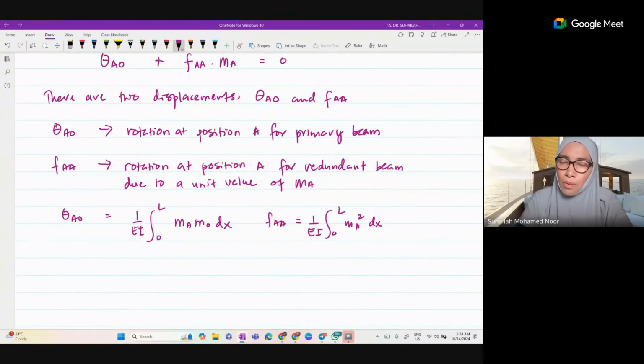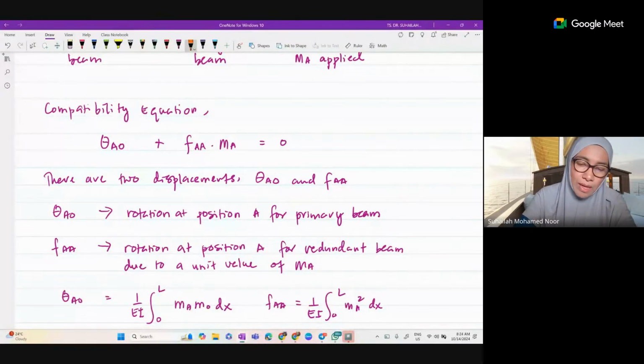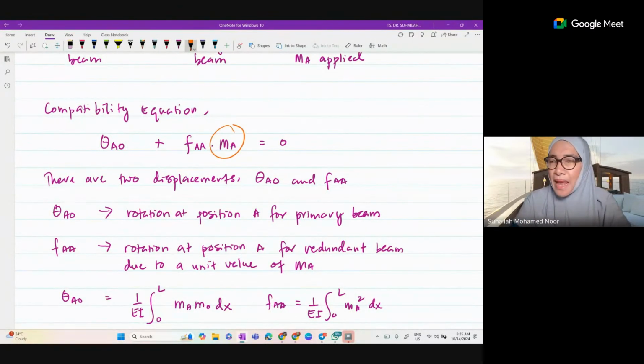So whatever procedure we take after this is to fulfill these formulas, because we want to calculate the redundant MA by solving the compatibility equation, in which there are theta A naught and FAA.